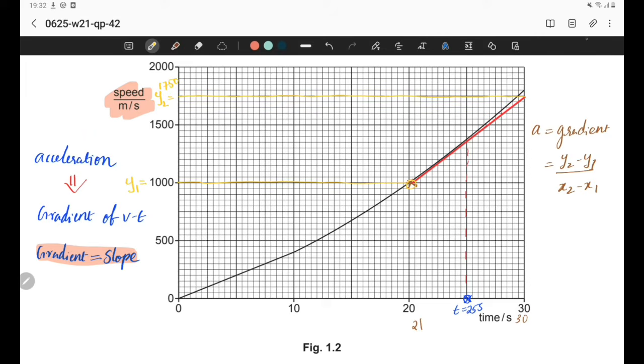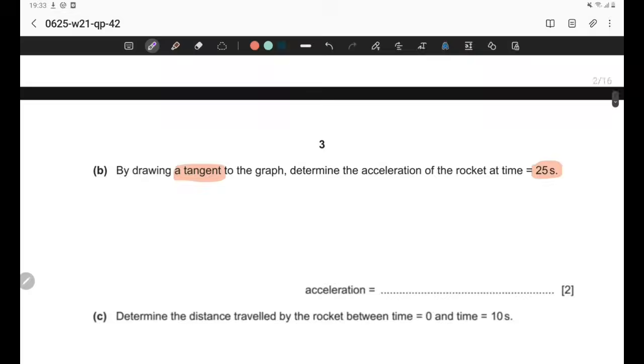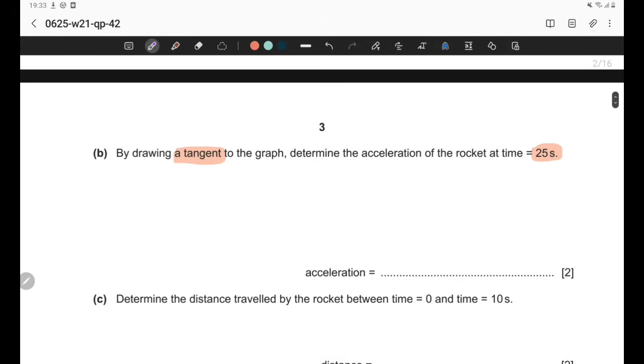So we have y1 and y2. Likewise, we need to find out x1 and x2. x1 is 20.5 and x2 is 30. So we have these values, we can substitute, then we will get the acceleration.